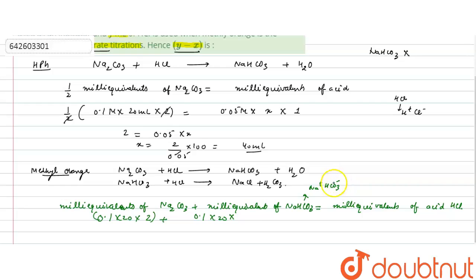So the charge on the cation or anion is 1, so we will write N factor as 1.